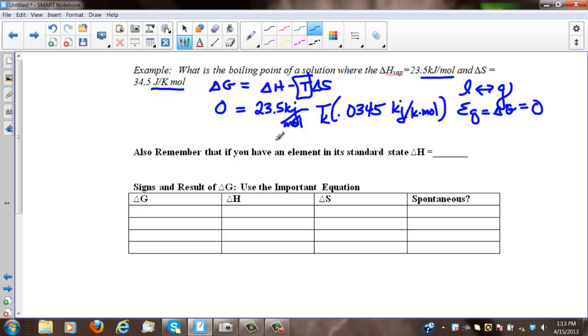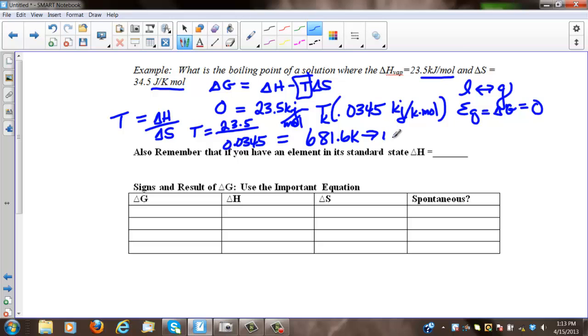Rearranging the formula to solve for T, you wind up with T equal to delta H divided by delta S. So you've got T equal to 23.5 divided by 0.0345, and you wind up with a temperature of 681.6 Kelvin, and then they usually want you to report this as Celsius.